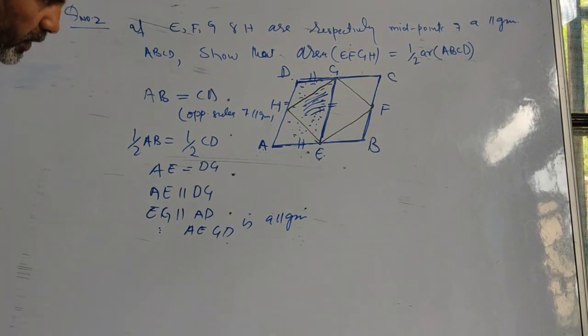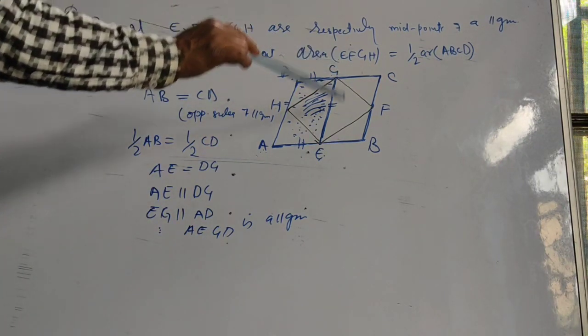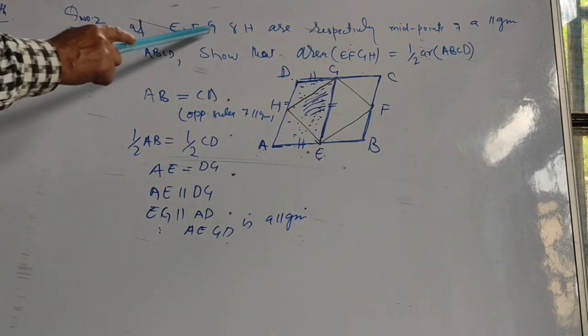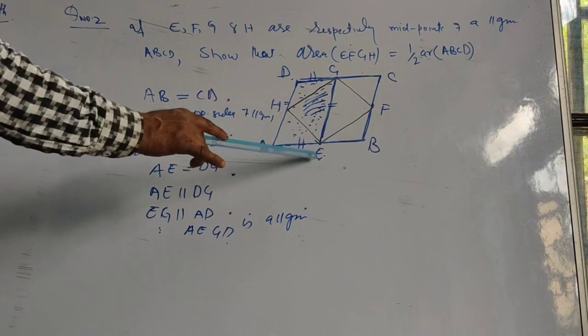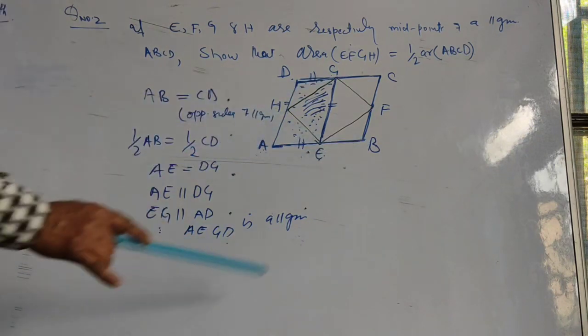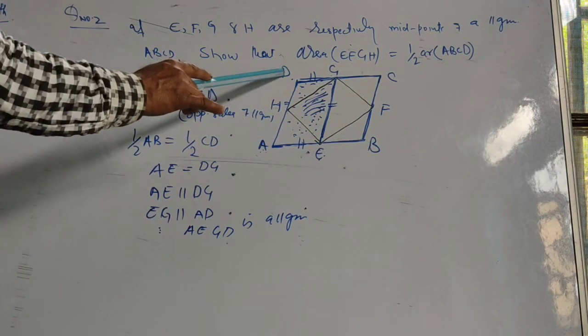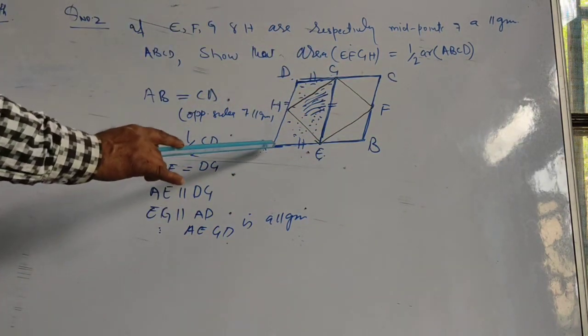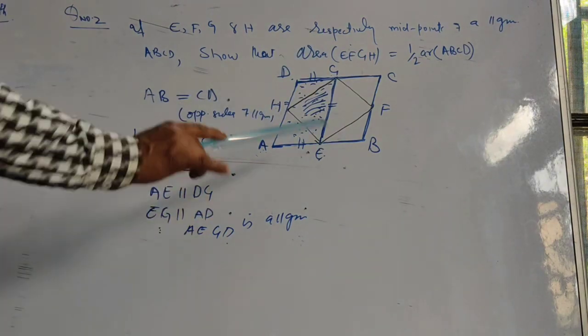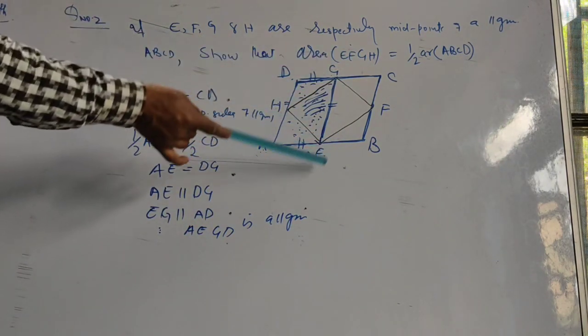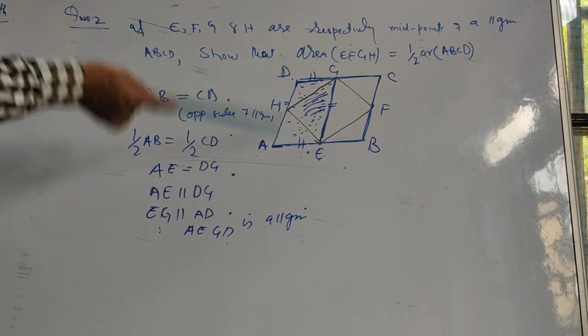We have joined GE, and we also know from the question that E is midpoint of AB. Then AE is equal to EB or DG is equal to CG. But AB is parallel DC, then AE is parallel DG, and GE is parallel AD.